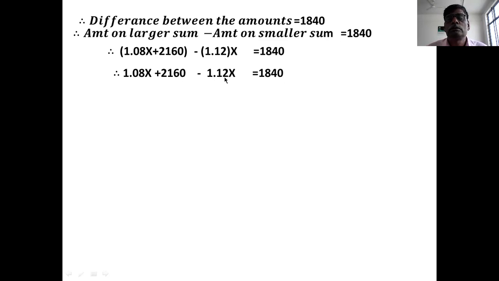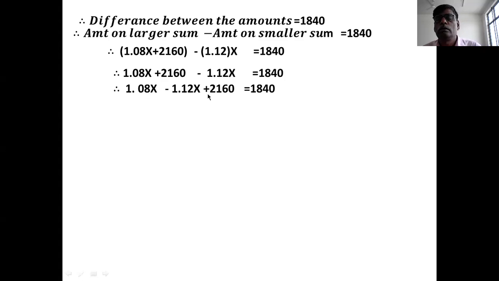Therefore, in the next step, I'll take 1.08x minus 1.12x plus 2160 is equal to 1840. Okay, I interchanged in the same side, not in the opposite side. You deduct it, then your answer is minus, sorry.